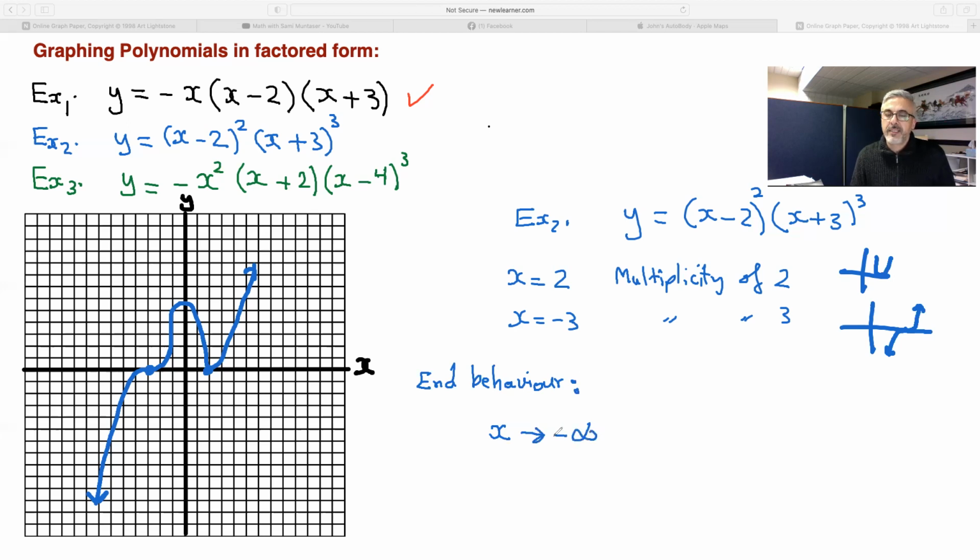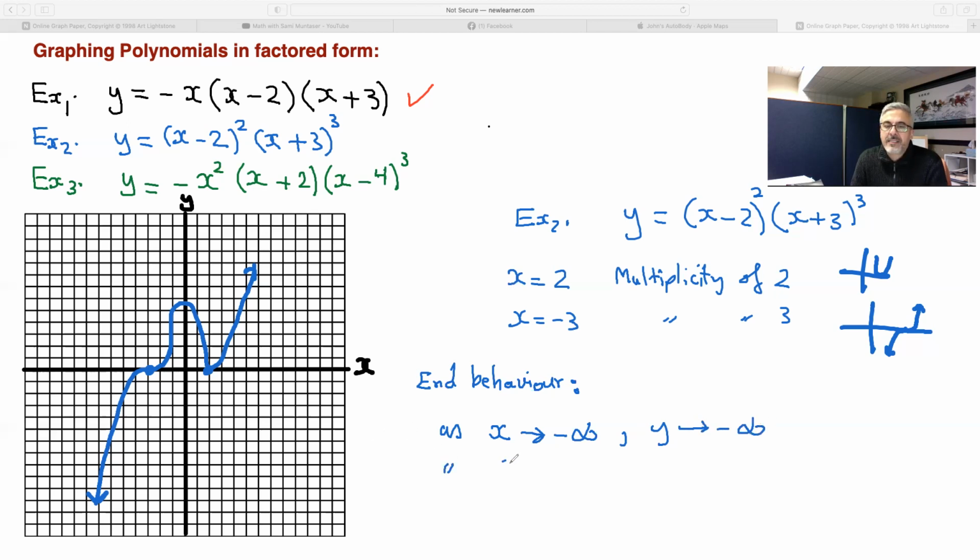That means as we're moving this way, that's what it means when I say as x goes to negative infinity. What I mean is as we're moving further to the left, what's happening to the y? As we move further to the left, the y is moving towards negative infinity.